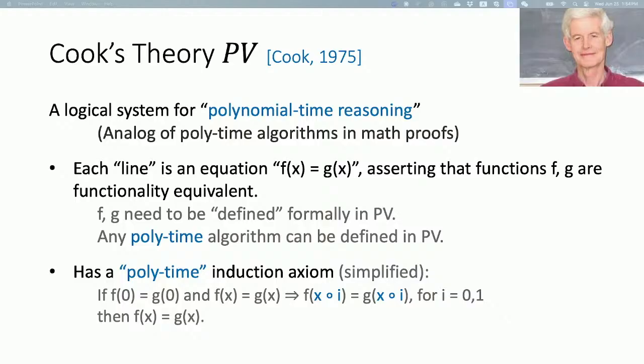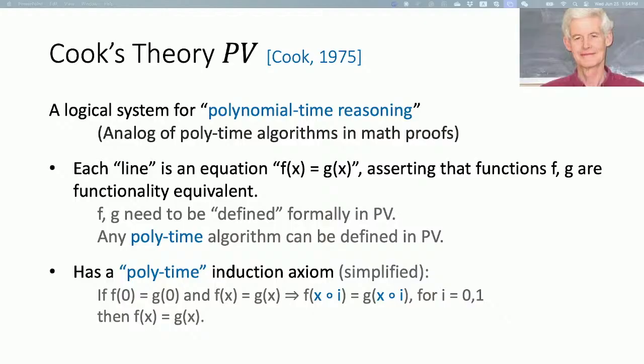The crucial thing is that you can only do the induction on the input length, not on the value of the input. For example, you can prove that f of x equals g of x implies f of x concatenated with some additional symbol i equals g of x concatenated with i. If you can prove this induction step, then you get the functional equivalence of f and g.